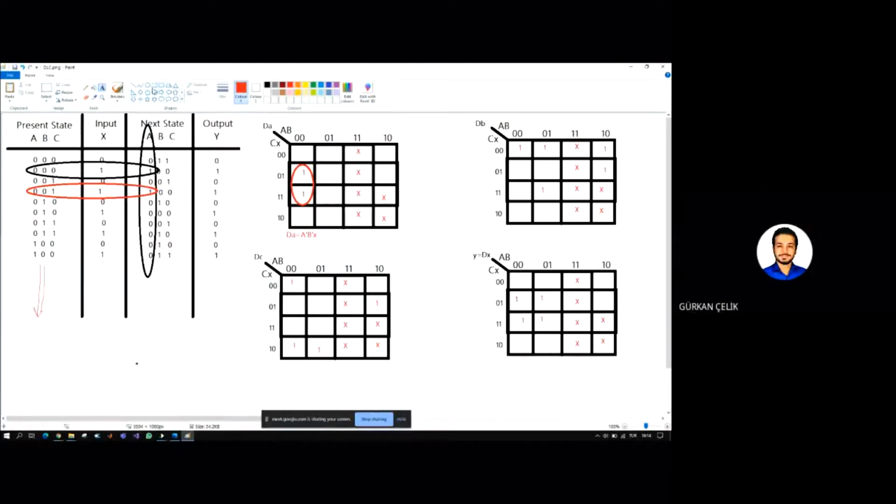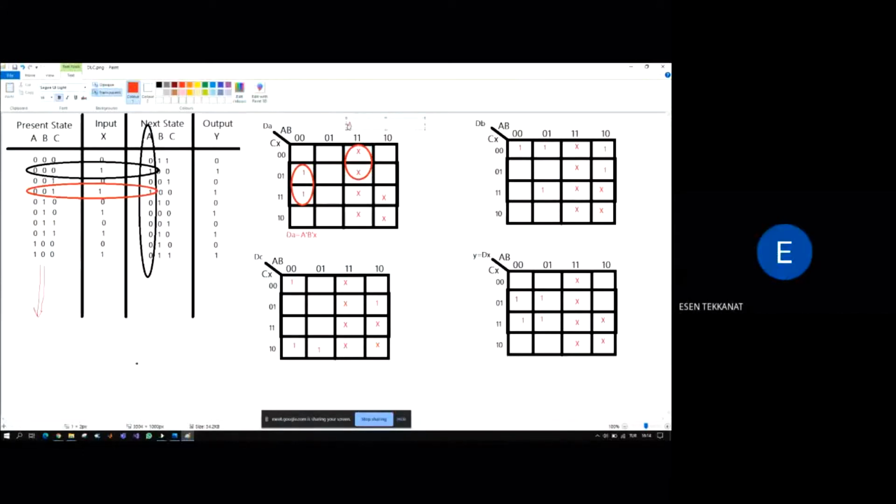What if it was this? It's not the true case for now, but just tell me the expression for this. A and B and X complement. A and X. B and what complement?